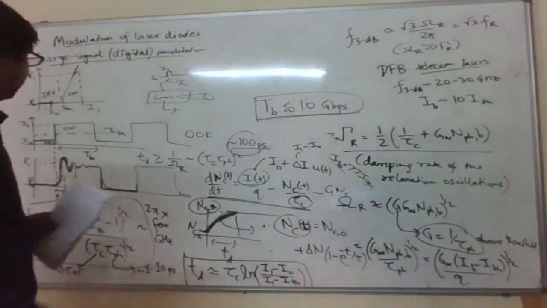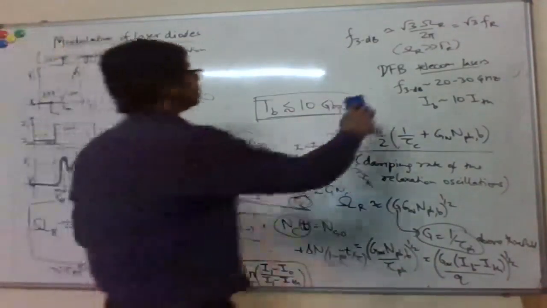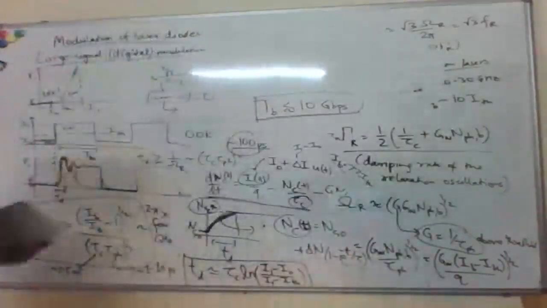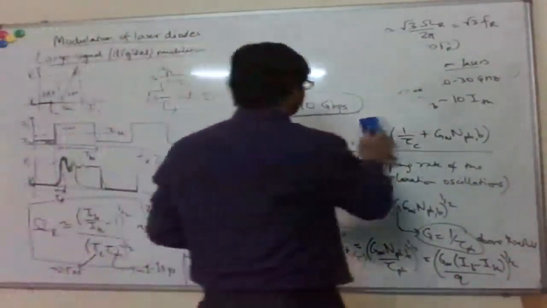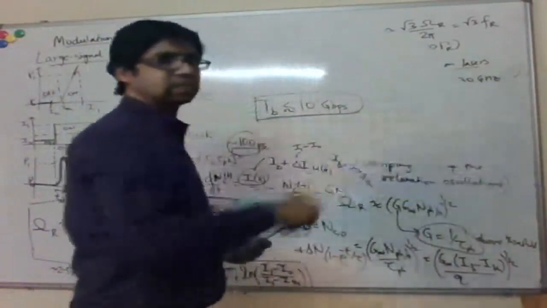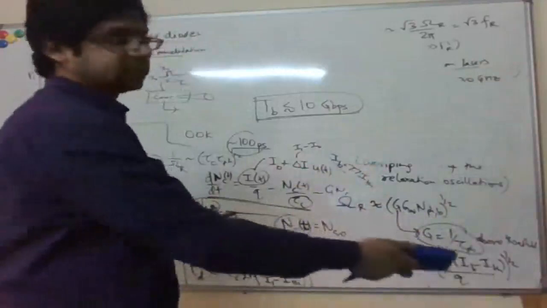Okay, so in addition, we can make pulses by directly modulating the laser current up to about 10 gigabit per second speed. If you want to go beyond this, then we have to use what is known as external modulation, right? An external electro-optic modulator which is outside the laser.